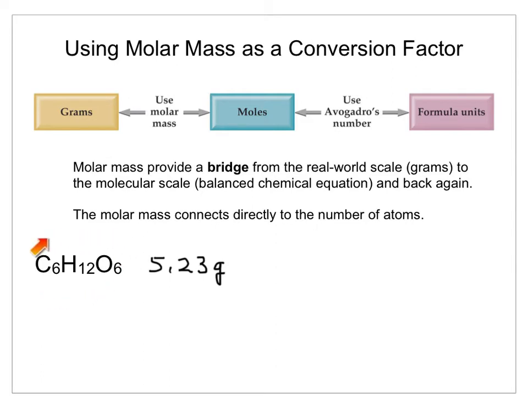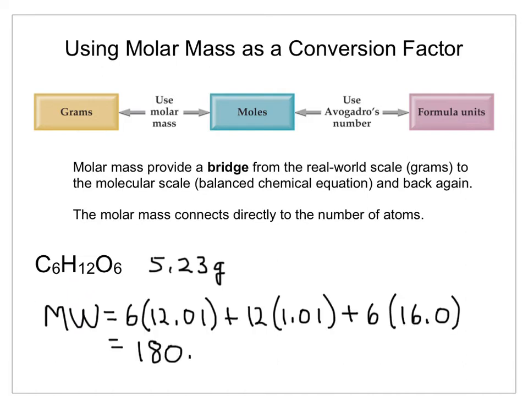First, we'll calculate the molar mass of glucose from the molecular formula C6H12O6. The magnitude of the molecular weight in AMU is the same as the molar mass in grams per mole. So the molar mass of glucose is 180 grams per mole.